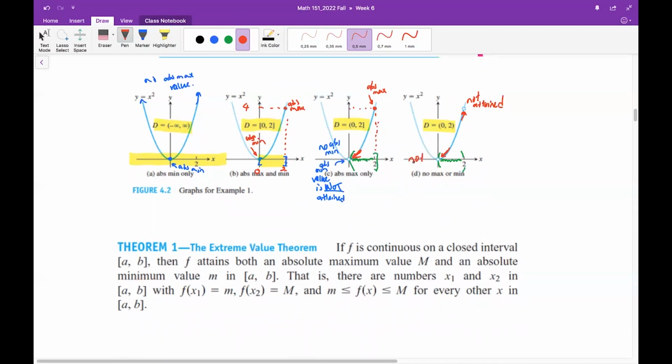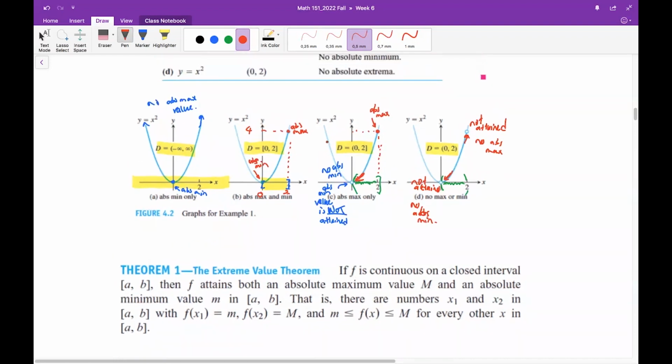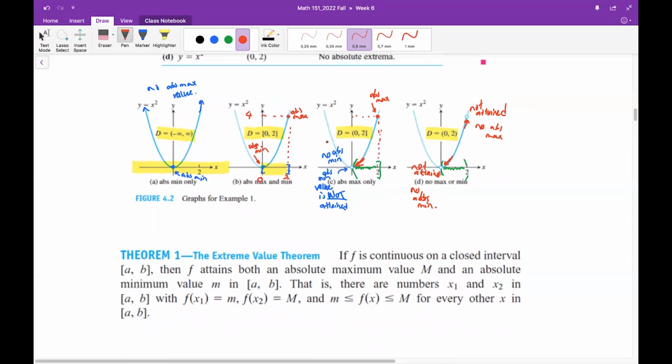Also here, not attained. That's why there is no absolute maximum value and no absolute minimum value for this graph. So this exercise shows that if you change the interval, the absolute maximum and minimum values of the same function may differ. It depends on the domain you work with.